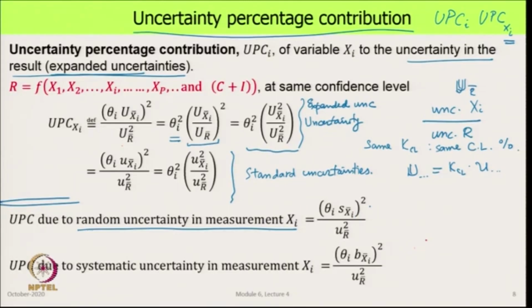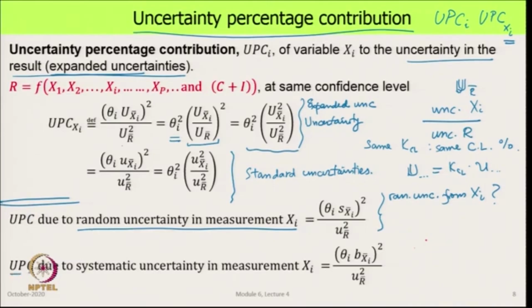So, this ratio tells us what fraction of the uncertainty in the result is random uncertainty from measurement xi. What is the contribution of the random uncertainty of xi to the combined or the total uncertainty in the result? That is what this ratio will tell us.